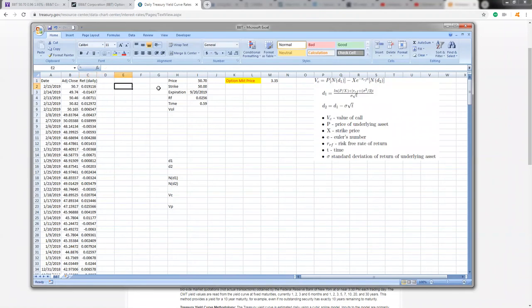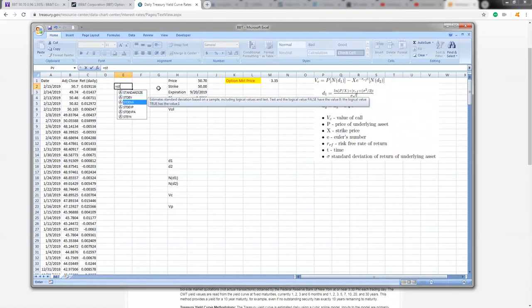So again, it's just the log of today divided by the log of yesterday. We then need to calculate the standard deviation, so used for the population.